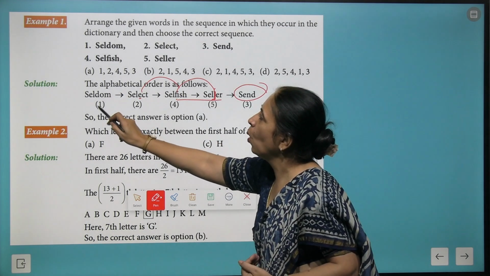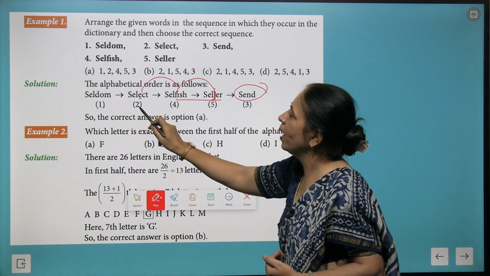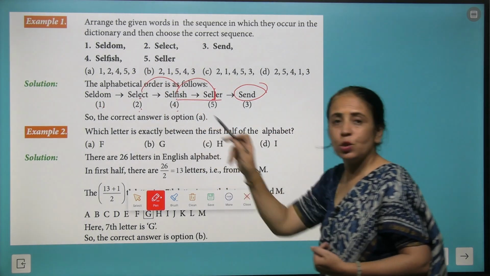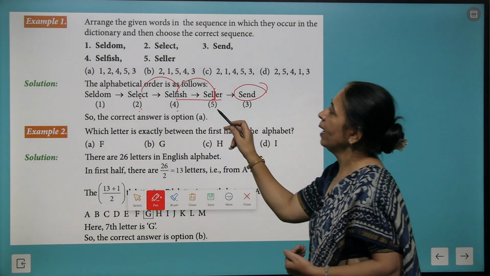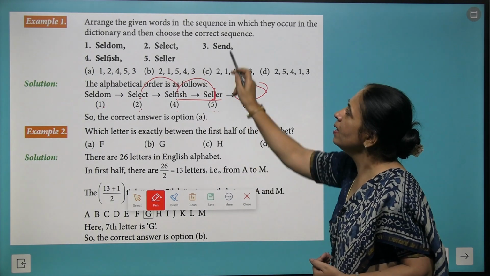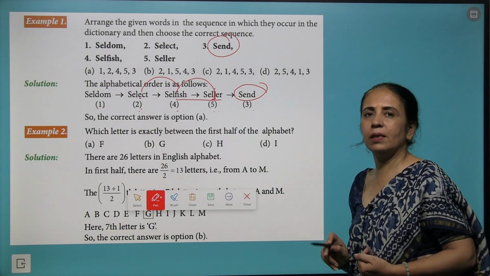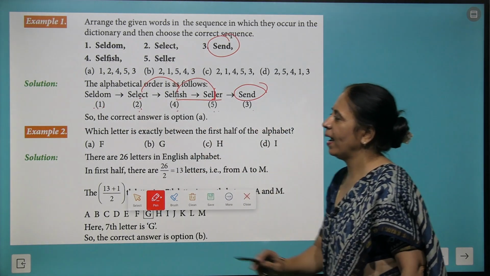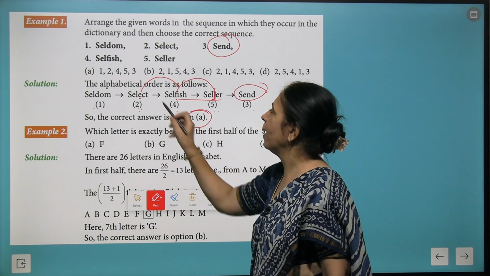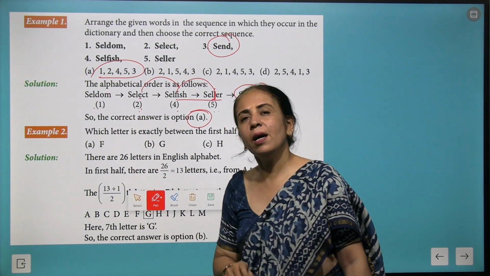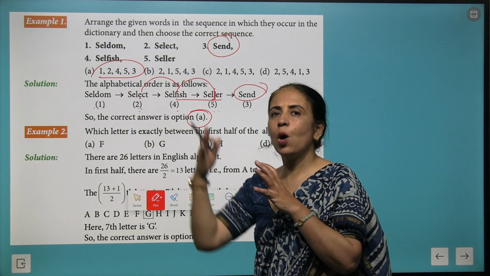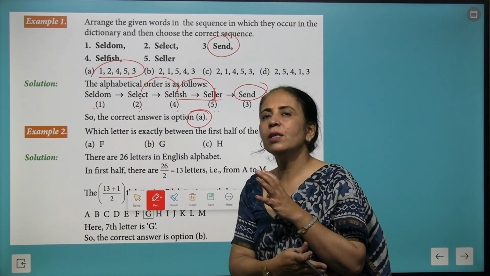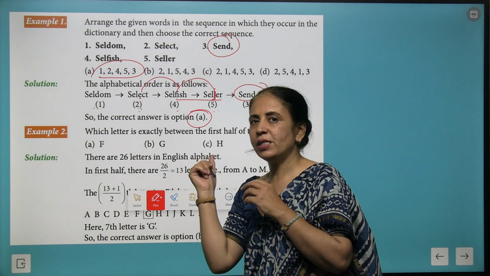Then we get the order. This is the first one, then select is the second one, then comes selfish, which is the fourth one, followed by seller, and the last one is the third one, right? So we get the order 1, 2, 4, 5 and 3, and we say that this A is the right option. So this is how you first arrange them in alphabetical order and you come out with the right answer.